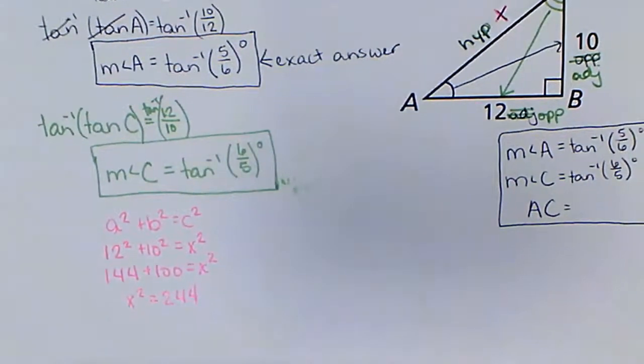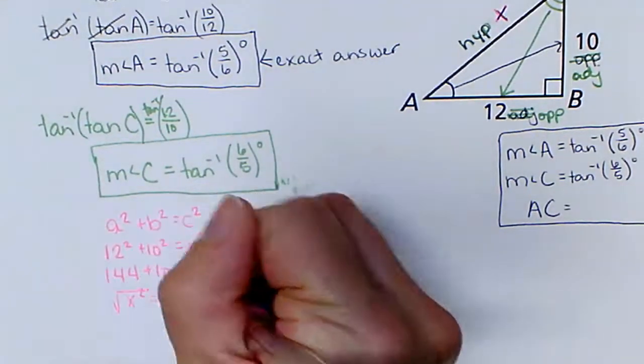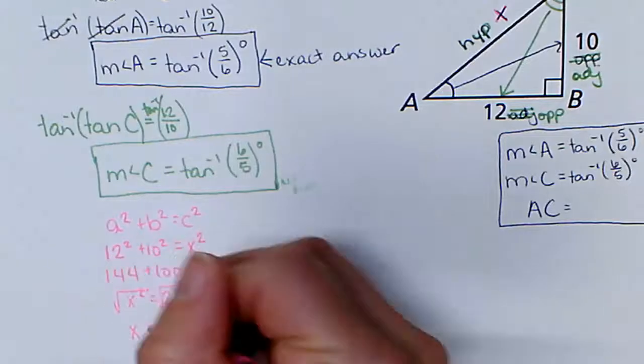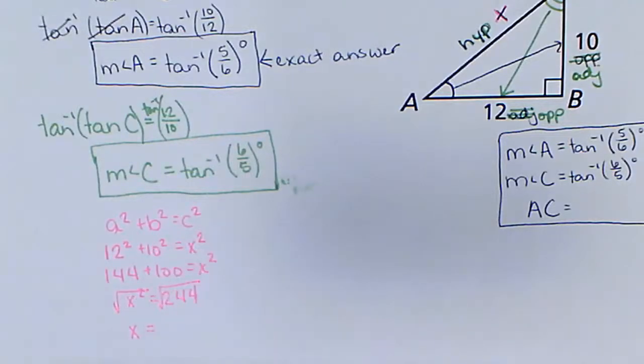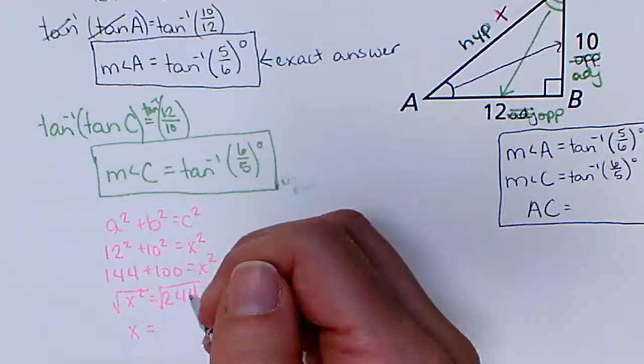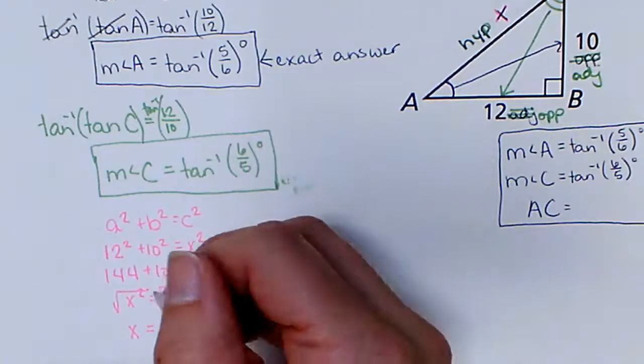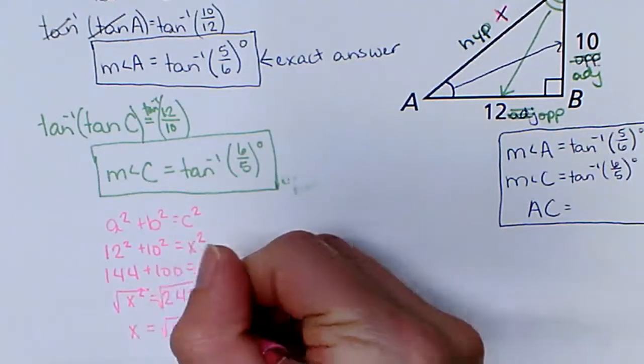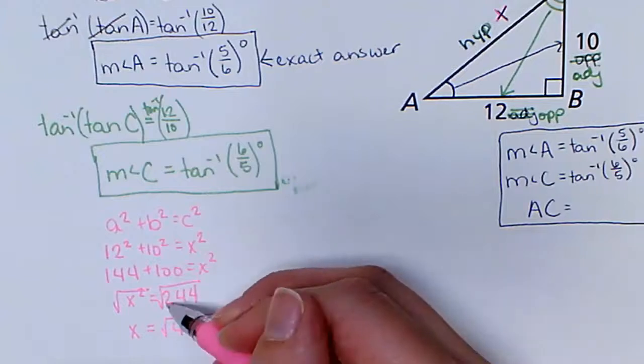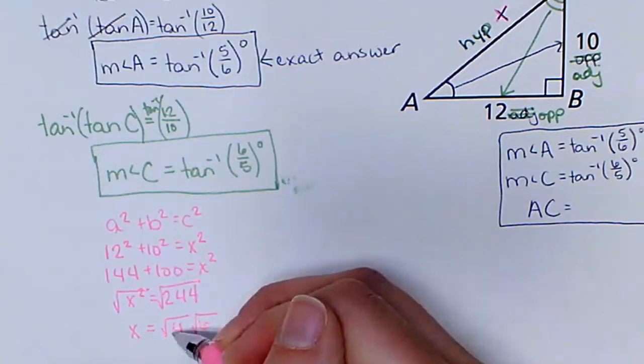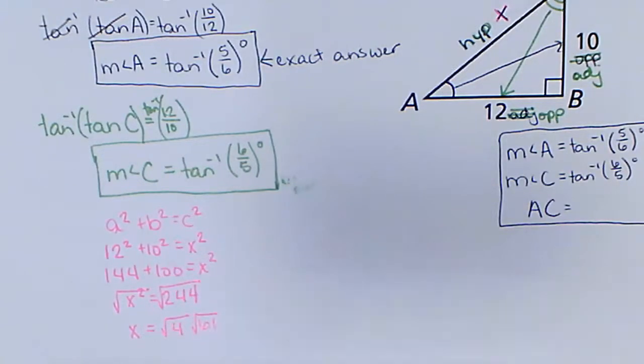if I want to solve for x, the square root of 244, which is going to simplify. So I can do the square root of 4 times the square root of 61, since 4 times 61 is 244. That works out nicely.